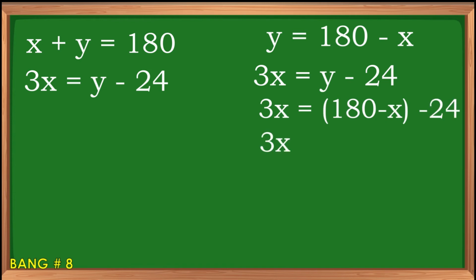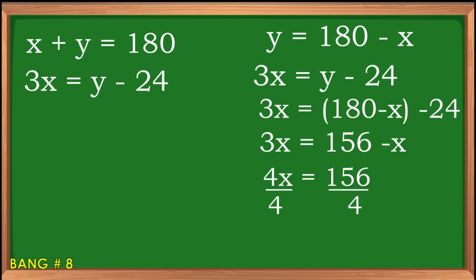Combine like terms, we got 3x is equal to 156 minus x. Using the addition property of equality, we have 4x is equal to 156. Then, divide both sides by 4. The result is x is equal to 39.